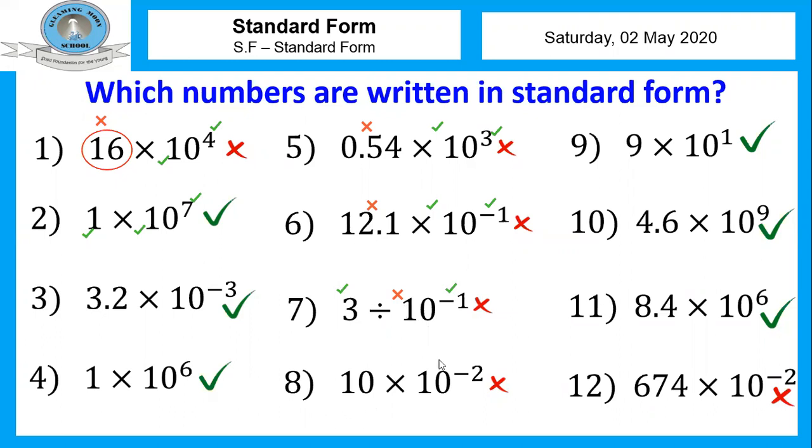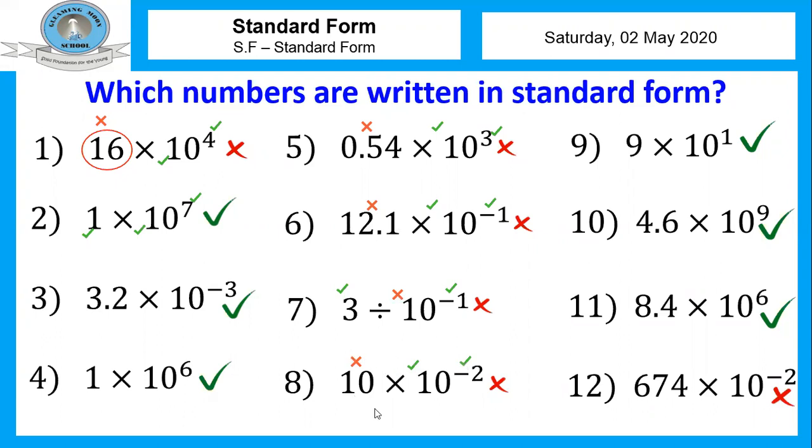Now, number 8, we have 10 times 10. 10 is not included in the range of numbers. It's between 1 and 10, but is not equal to 10. So you can see that 10 is not included, therefore it fails number 1 test. Yes, it is multiplied by 10, and yes, it has an integer power.